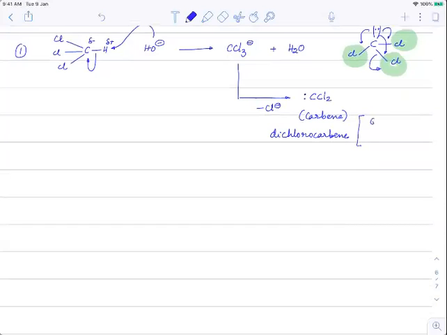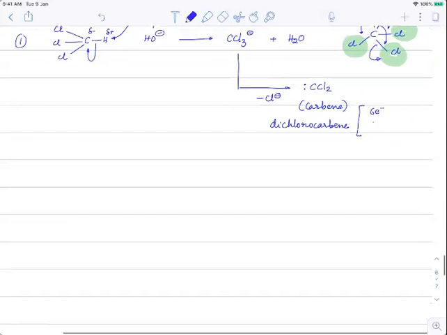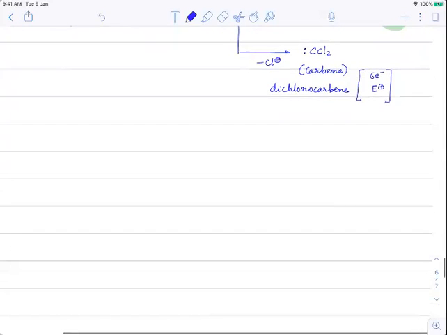Carbene will have only 6 electrons, so it is acting like an electrophile because it has a completely empty orbital. By structure, carbene is this way: chlorine, chlorine, lone pair, and an empty orbital. Because it is an empty orbital, it will act like an electrophile.